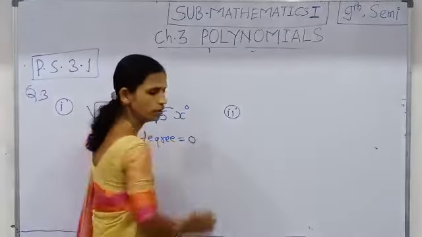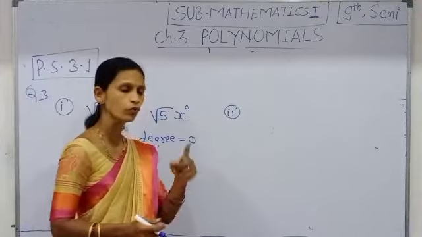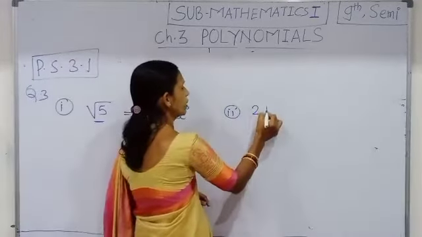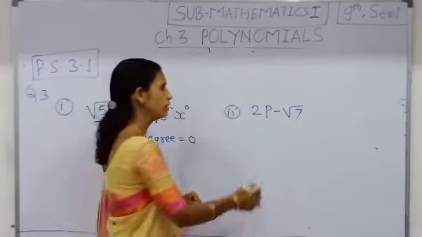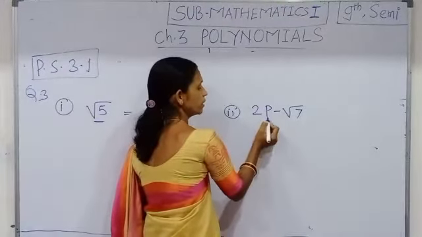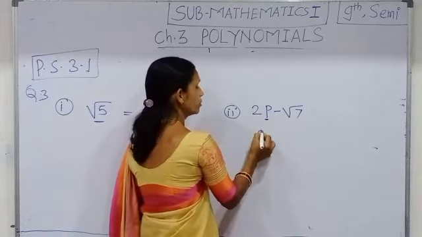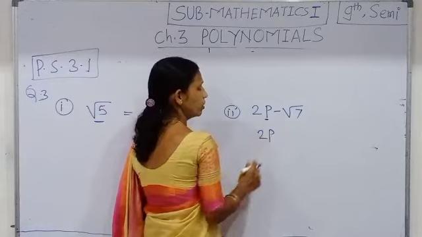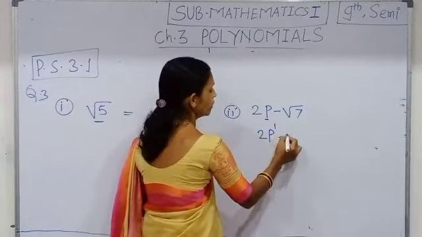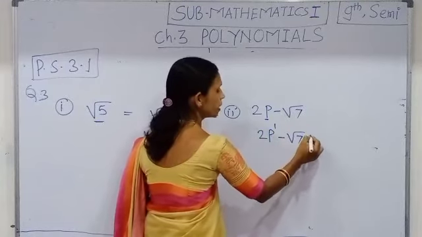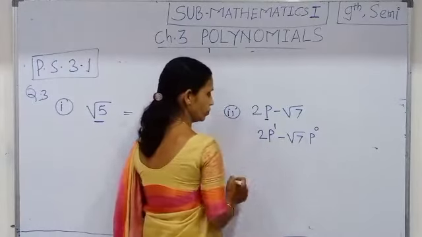One more example which is given here. We have to find out the degree of that polynomial, 2p minus root 7. See here, there are two terms, in which the degree of the first term, that is 2p raised to 1, and minus root 7, that is the constant term, is written in the form of root 7 p raised to 0.